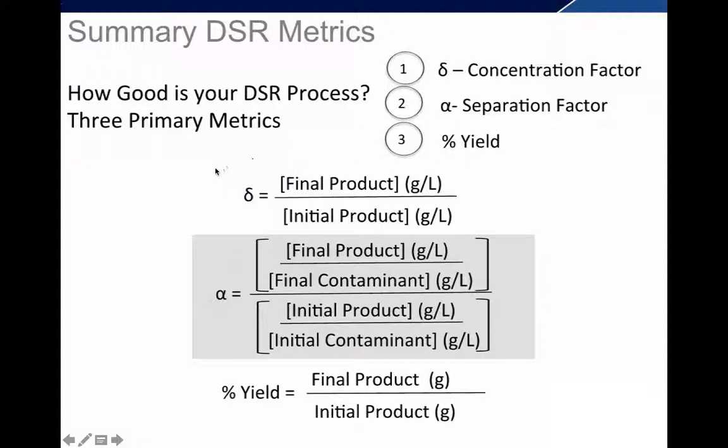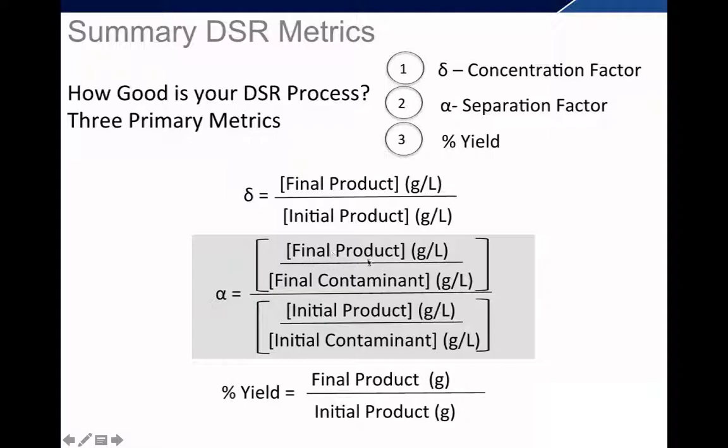So the delta or concentration factor is basically at each step in the process, the final product concentration over the initial product concentration. So for example, you could have an initial product concentration, which would be the product concentration in the fermentation broth, and you would have the final concentration after, for example, a centrifugation step that would give you the concentration factor or delta.